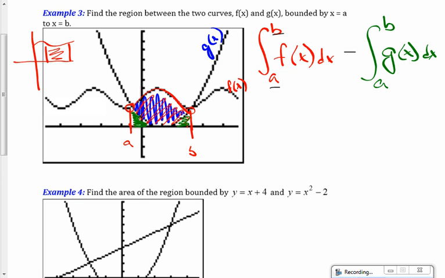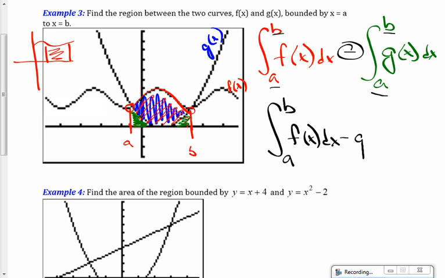If your boundaries are the same and you're subtracting integrals, I can write this as one single integral. Actually, I need to lop off one of those dx's, and I should probably write it this way. Okay? That, friends, is a formula for area between curves.